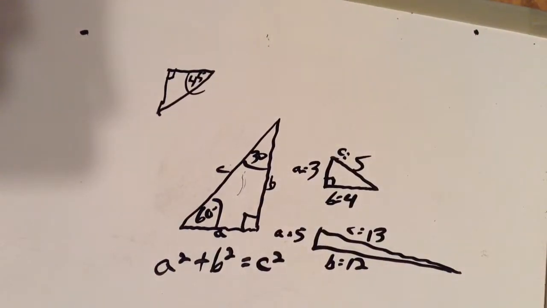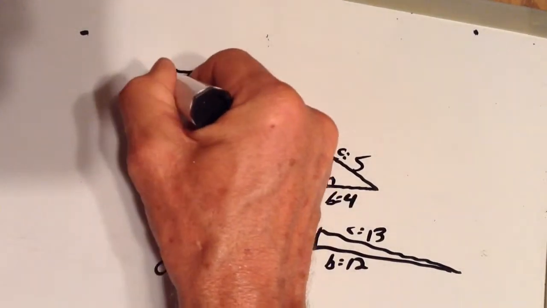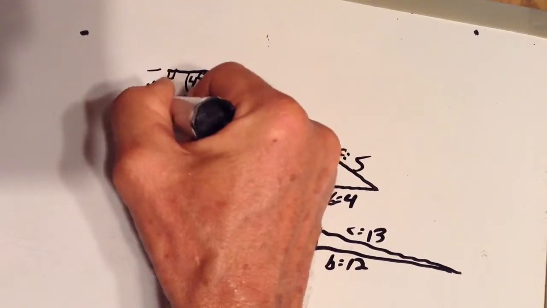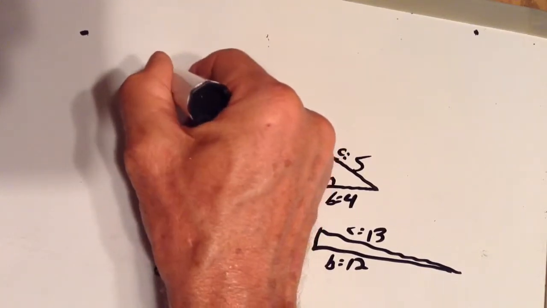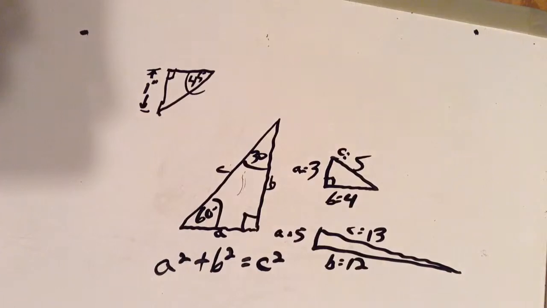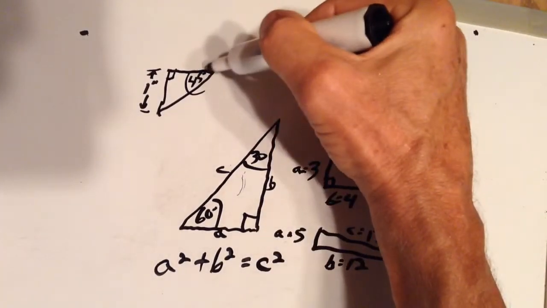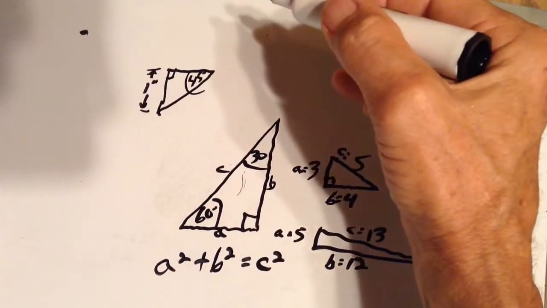If we have a 45-degree right triangle with one of the legs equal to an inch, this would be 1 inch from there to there. How long is the other leg? And how long is the hypotenuse?